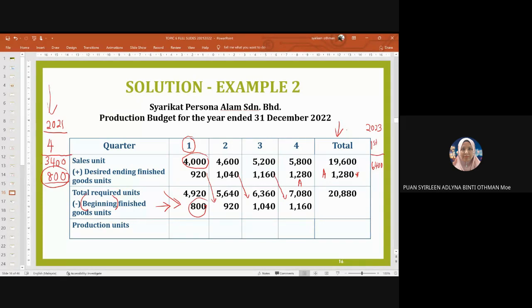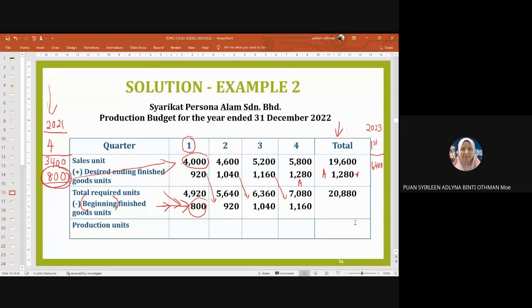So nilai ni 800 ni madam dapat daripada 20% from 4,000. So I get that ending inventory. Okay, ending inventory tahun lepas, kuartal terakhir tu, automatically dia akan jadi beginning inventory tahun ini. So this 800 is taken from here. Okay, alright.